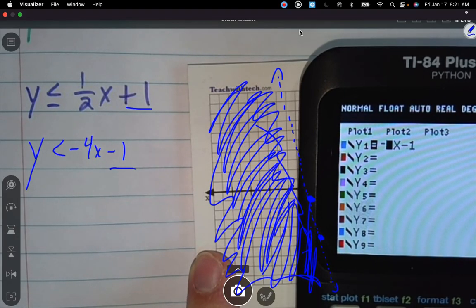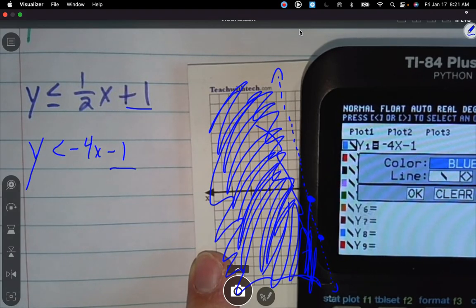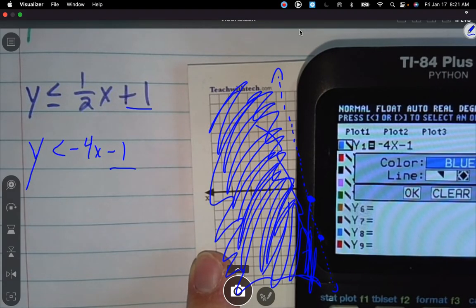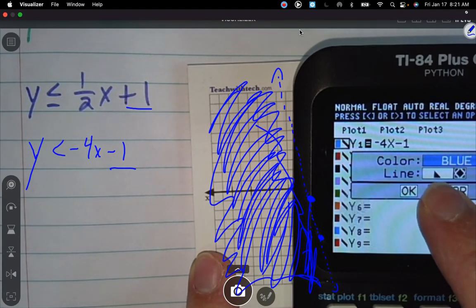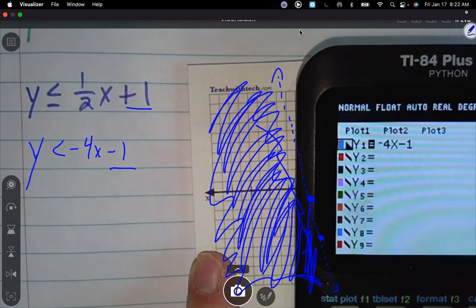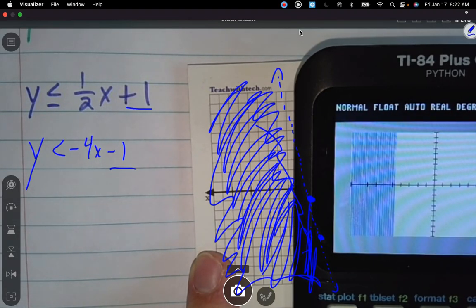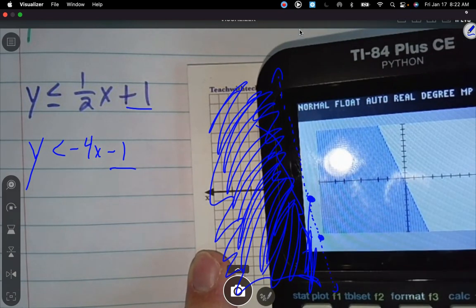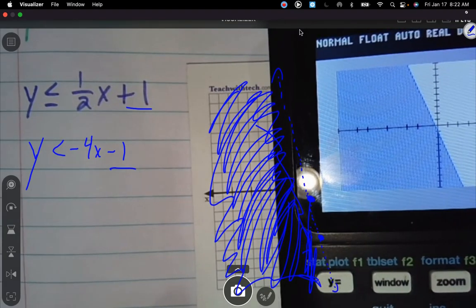And then I'm going to go over here to the left, and I'm going to change that to the less than. That's the greater than sign. That's the less than when it's down below. Okay, and then if I graph it, there it is. Okay, so you can graph on here as well.